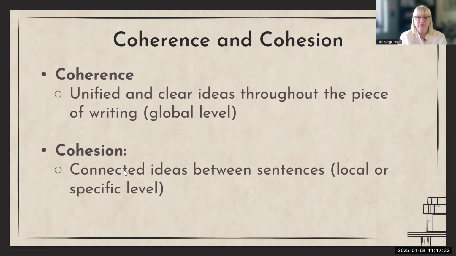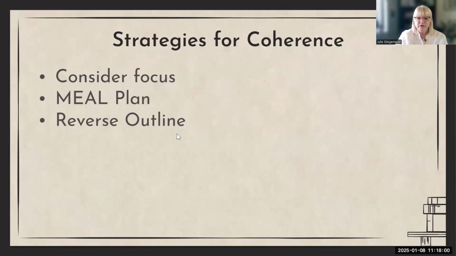So we're really looking at the whole piece, which would be the way the sections are ordered, the paragraph order, even like the topic and what's presented within it. That's really related to coherence, whereas cohesion is much more local. We're looking at one sentence to the next and the sentences within a single paragraph to see how they flow together.